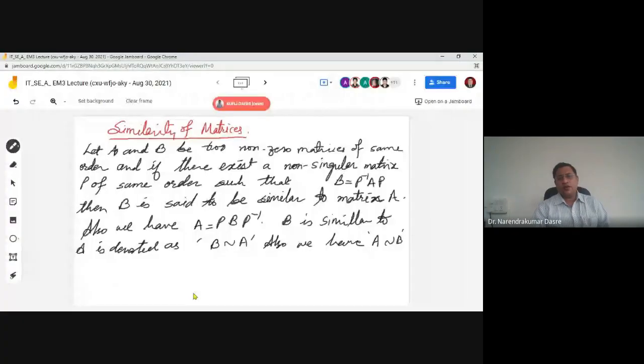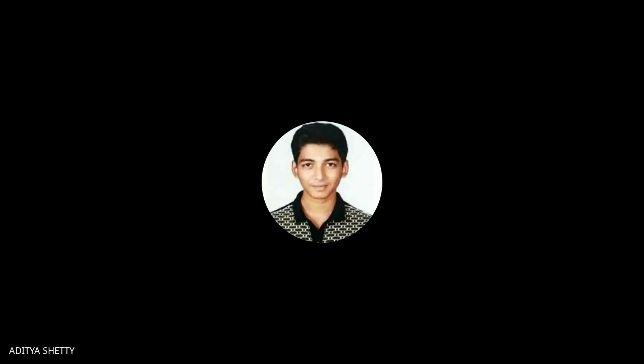Now, one important thing we know. We know about the diagonal matrix. Can any one of you tell me what a diagonal matrix is? A matrix in which only the diagonal elements are present and all other elements are zero.